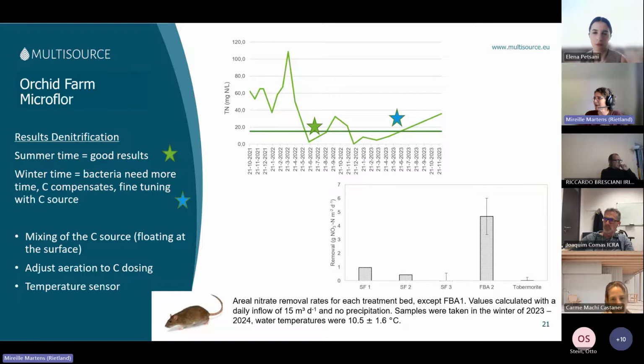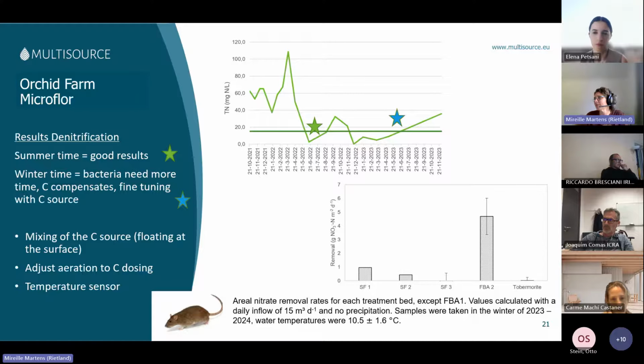But we had some difficulties. That's why the line of the above chart goes a little bit up and down. We had some troubles of mixing the carbon source in the tank because it was floating on the surface. So before we had a solution to that, it took some time.